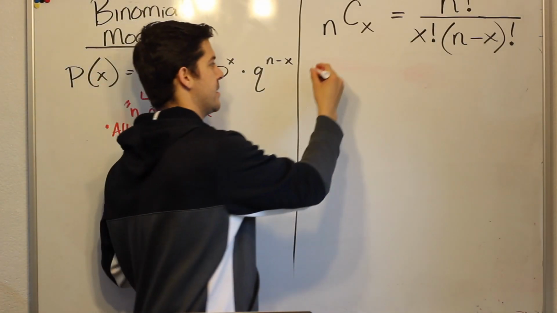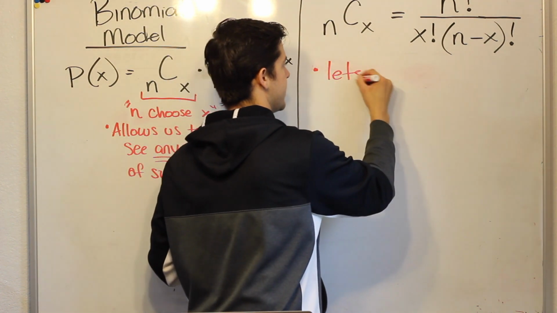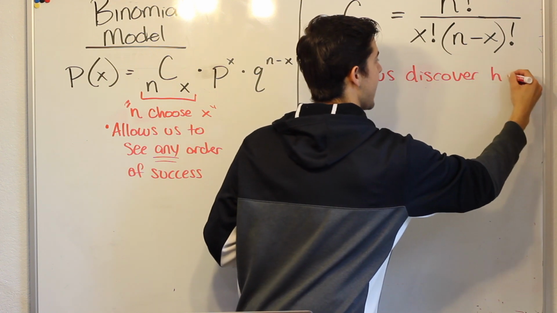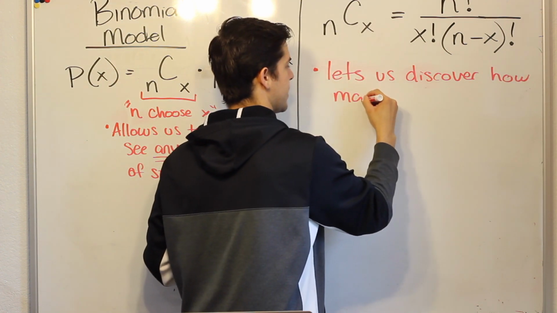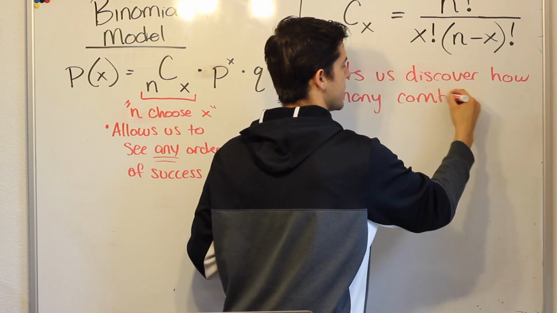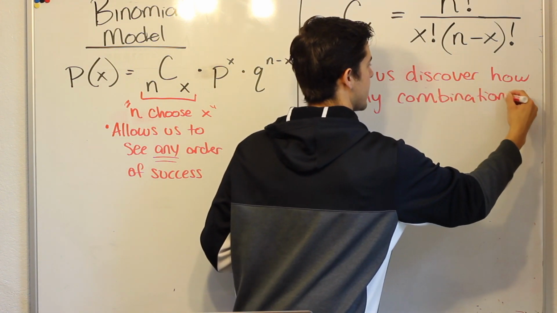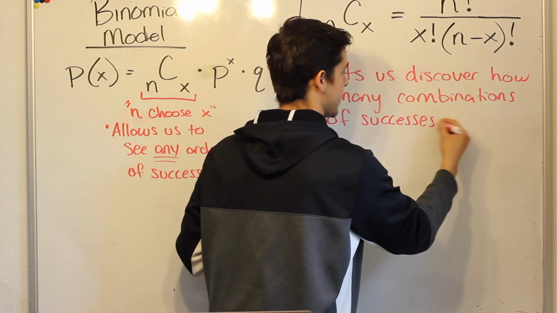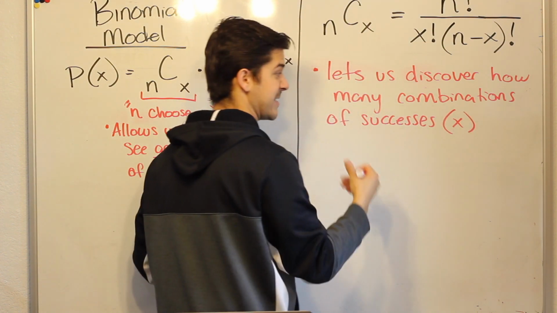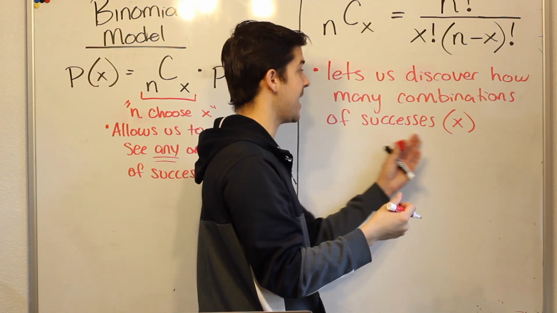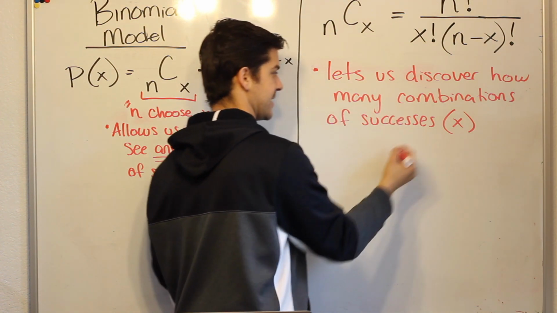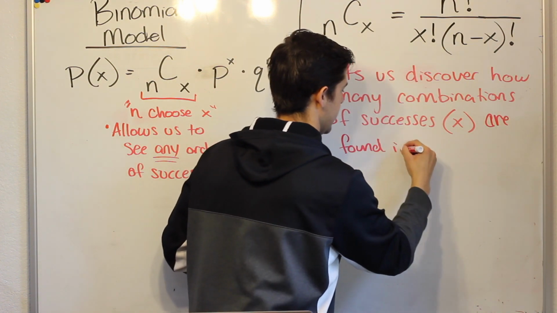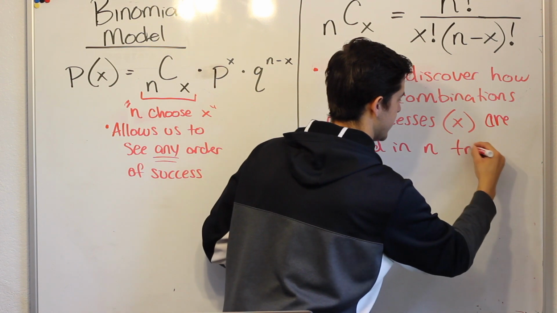This equation lets us discover how many combinations of successes, which we denoted as x here, are found in n trials.